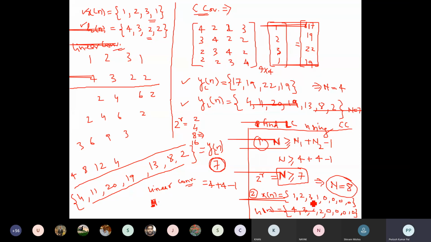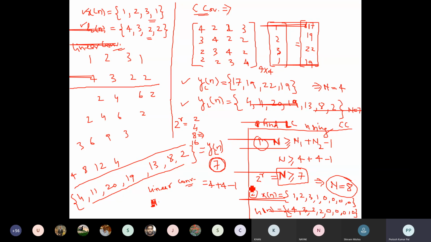So the final x and h of n will be this one. We will use this to find the circular convolution.